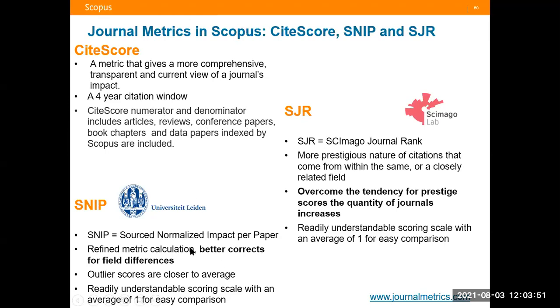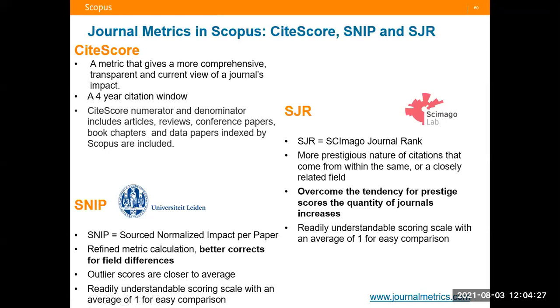SNIP is source normalized, it is more on the metric calculation, with better corrections. Both remove the different citation behavior or different subject field differences. So these two, their context is like a field weighted citation impact at the article level.